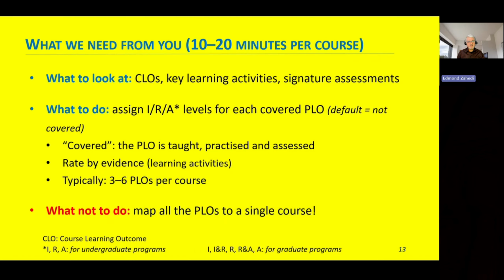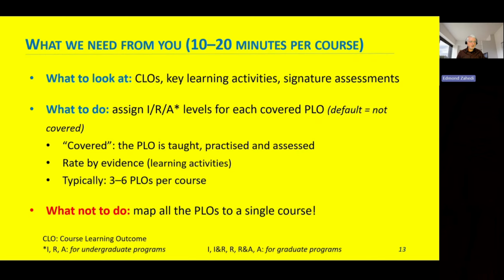The goal here is to review a few key elements of the course. What are these key elements? The course learning outcomes for that course, the main learning activities, and the key assessments. These are the pieces that are going to be the center of attention. These elements are going to be the basis for determining how the course contributes to the program outcomes.